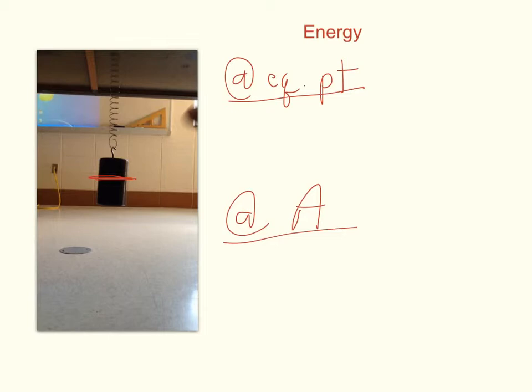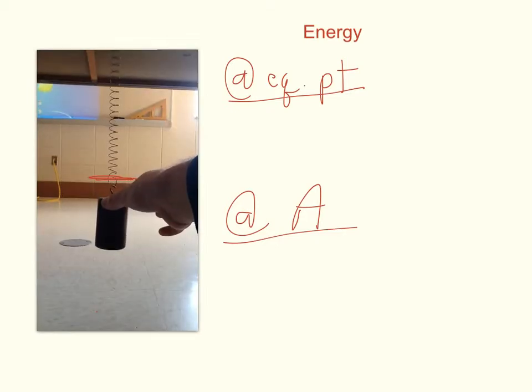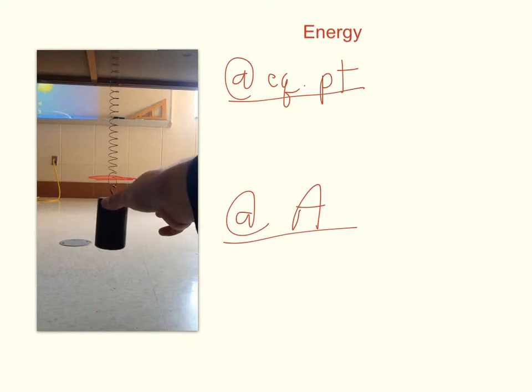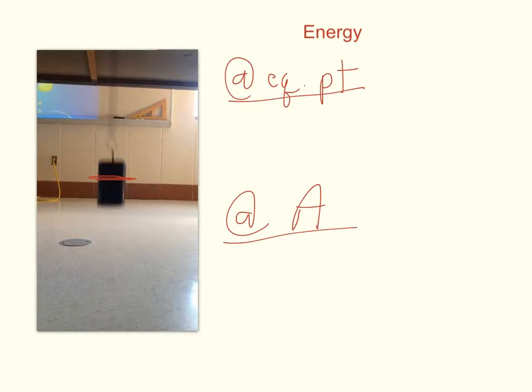Next, we're going to talk about the type of energy that is present at various points in the oscillation, specifically the equilibrium point as well as at either of the amplitudes of the oscillator. So when I let go of the oscillator, when it passes through the equilibrium point, remember this is the point where the spring is kind of naturally in a happy state.